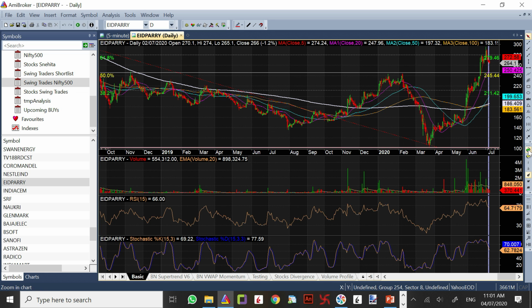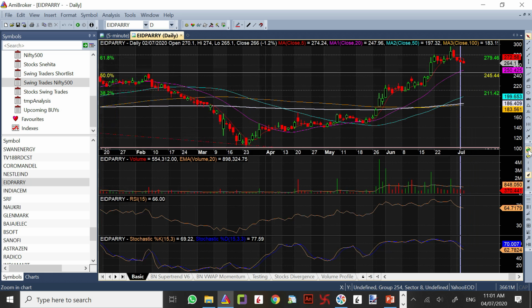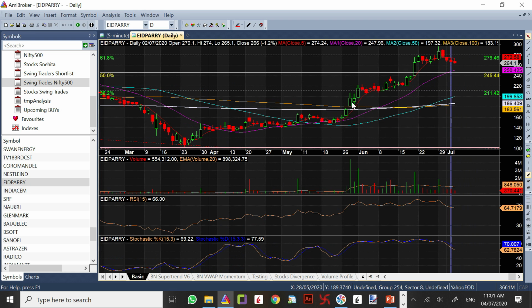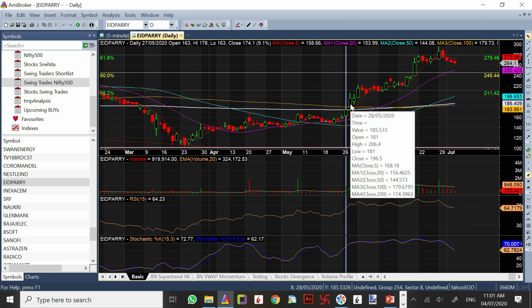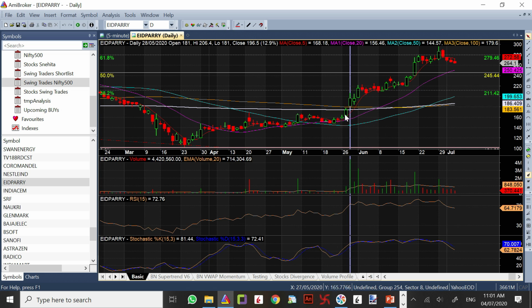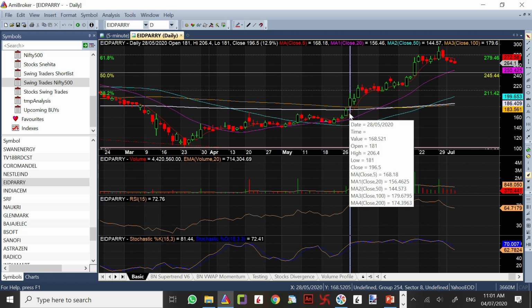And now on this day, this day and this day, actually 27th and 28th May, it has crossed the 200 DMA resistance, which is a major resistance as per the history we have observed in this chart, right?